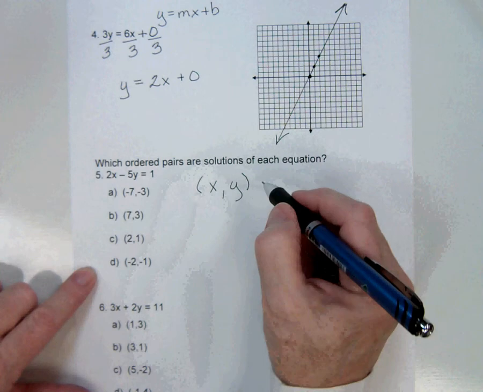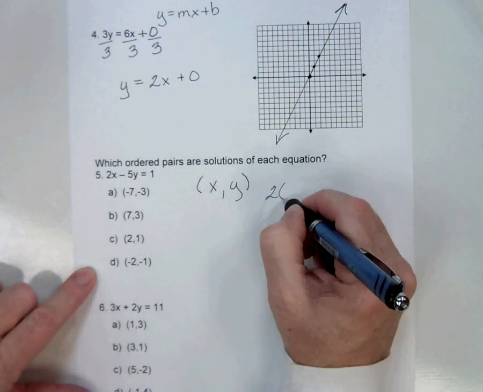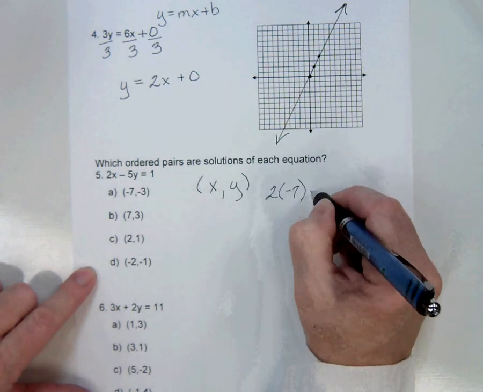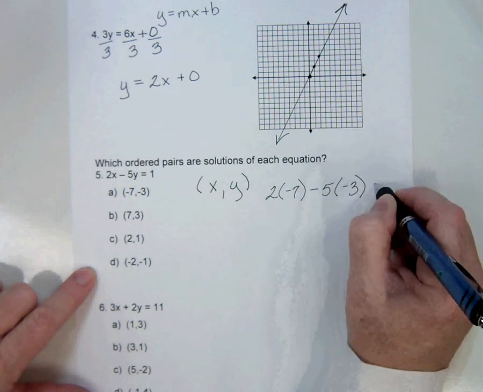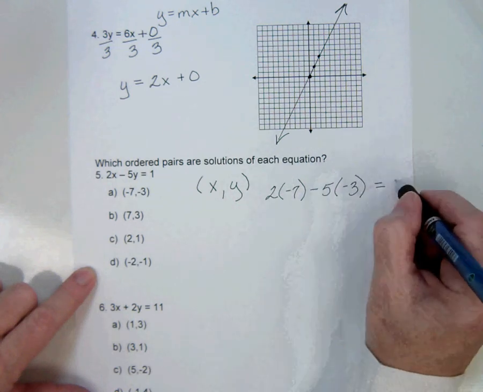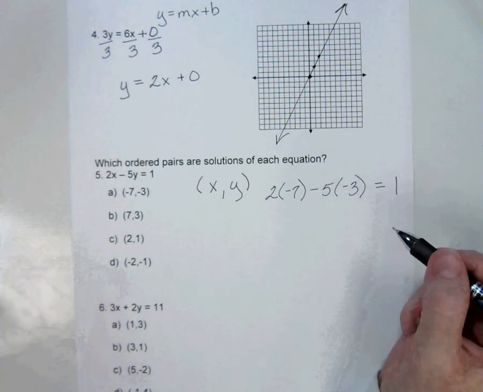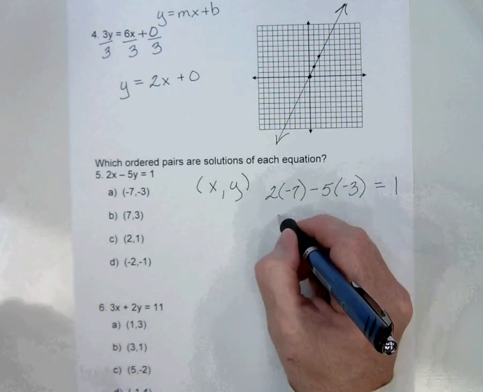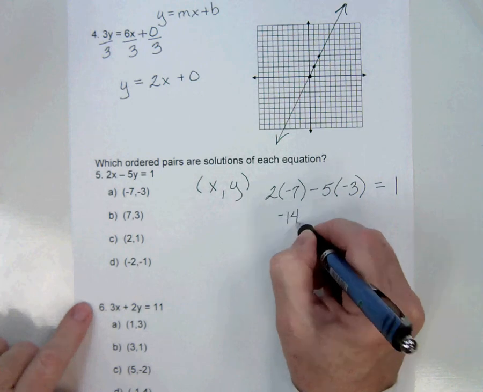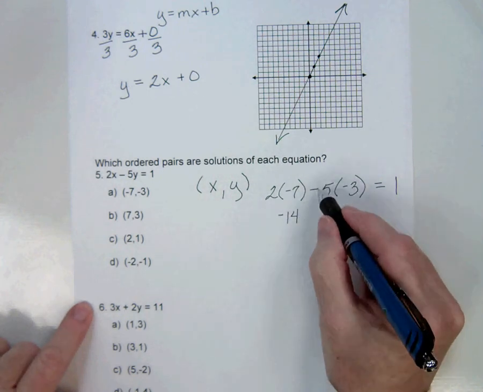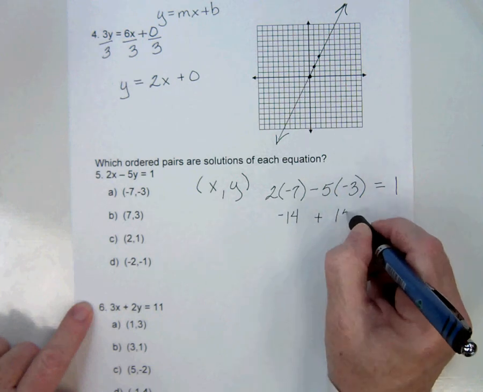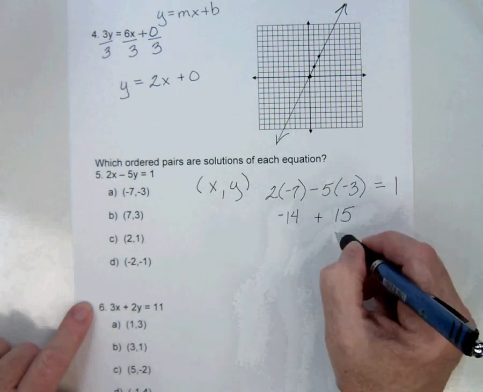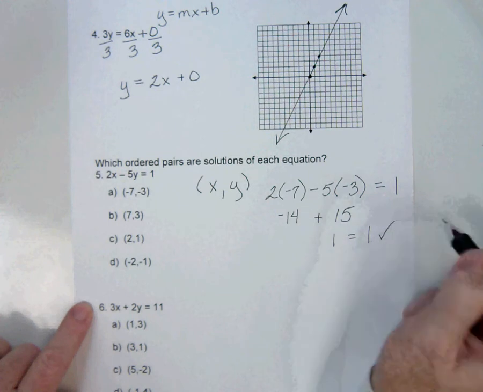So we could do each example: 2 times a negative 7 minus 5 times a negative 3. Would this operation give us 1? You have to remember your order of operations. This would be a negative 14, and then a negative times a negative gives you a positive 15. Is this 1? Yes, it checks out.